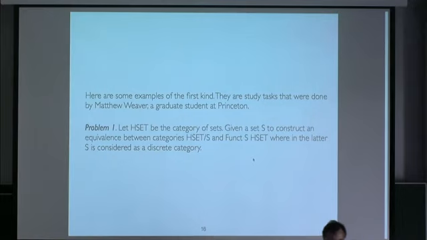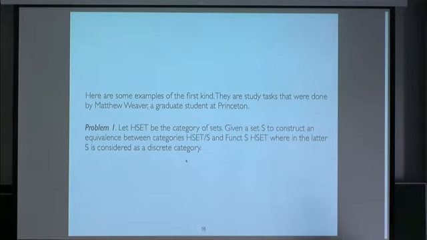One of the first problems, we didn't have this, so we needed a construction for this problem. The problem was as follows. Let H set be the category of sets. Given a set S, construct an equivalence between categories: the slice category H set over S, and the category of families of objects of H set parameterized by S. So the category of functors from S to H set, where S is considered a discrete category.